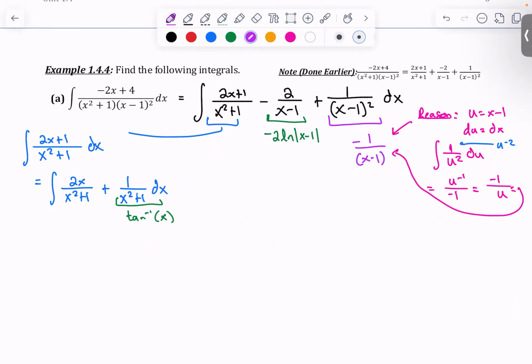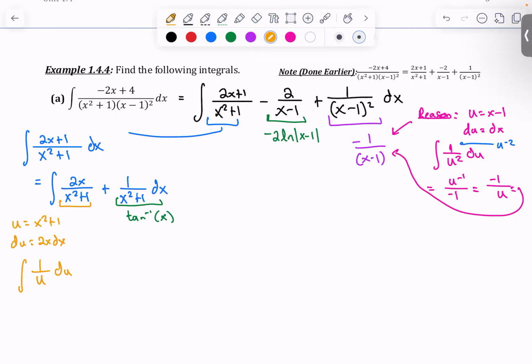And for this one, let's use orange. We'll make u equal to x squared plus 1, which gives us du equal to 2x dx. So we have the integral of 1 over u du. Take a second to make sure you agree with my argument here.